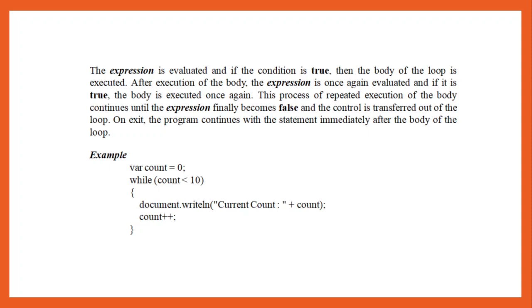This process of repeated execution of the body continues until the expression finally becomes false and the control is transferred out of the loop. On exit, the program continues with the statement immediately after the body of the loop.